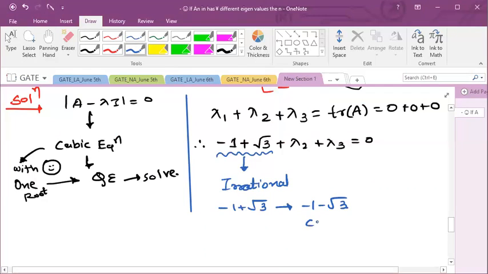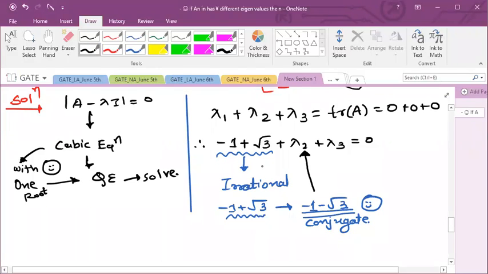So if -1 plus root 3 is one root of this quadratic equation, definitely another root will be -1 minus root 3, because irrational roots are always in conjugate form. Are you getting my point? Please give me some response.